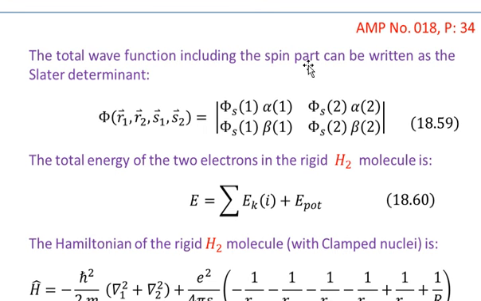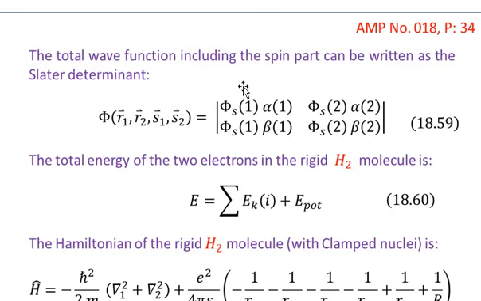The total wave function, including the spin part, can be written as the Slater determinant. So phi of r1, r2, s1, and s2 is equal to the Slater determinant containing the first row as phi S of 1, alpha of 1, and phi S of 2, alpha of 2. And the second row contains phi S of 1, beta of 1, phi S of 2, and beta of 2.